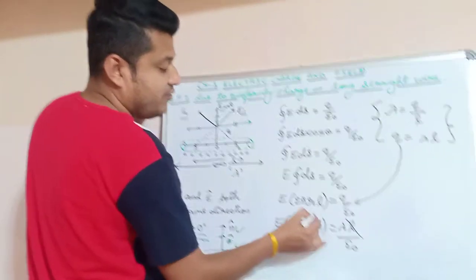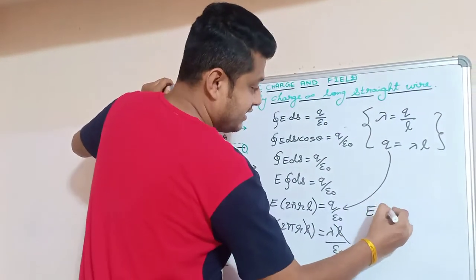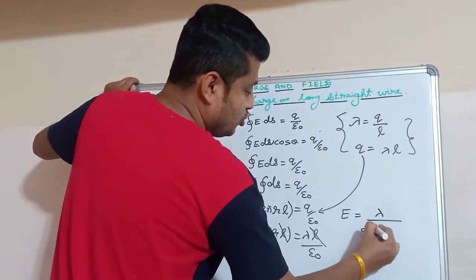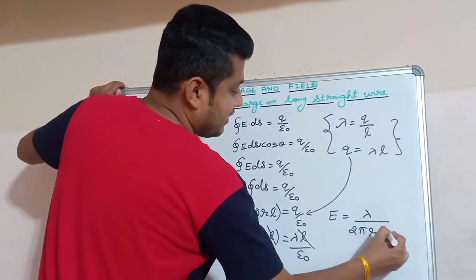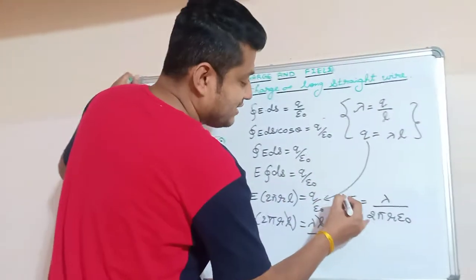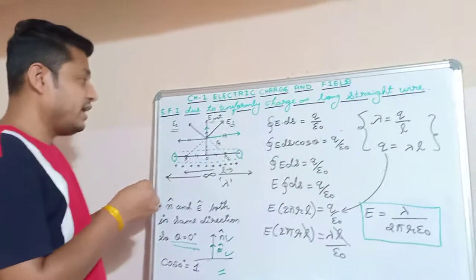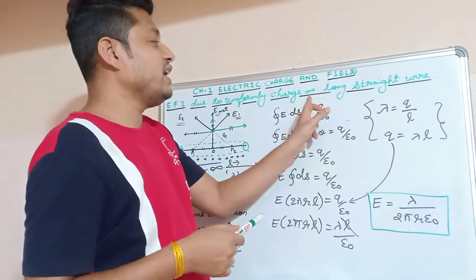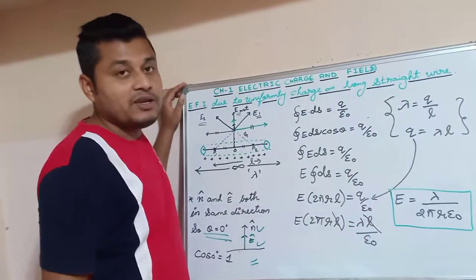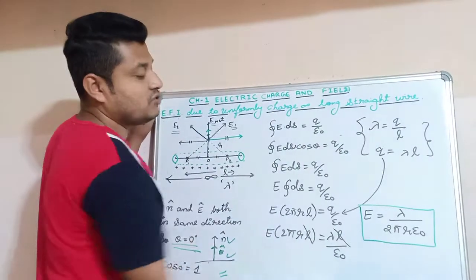L and L cancel out. So the expression for E is E equals lambda upon 2 pi r epsilon naught. This is the expression of electric field intensity due to an infinitely long straight wire, and you can use this formula to calculate it.